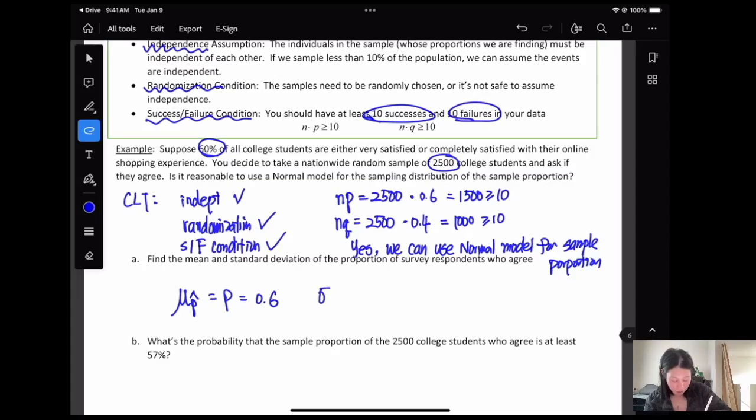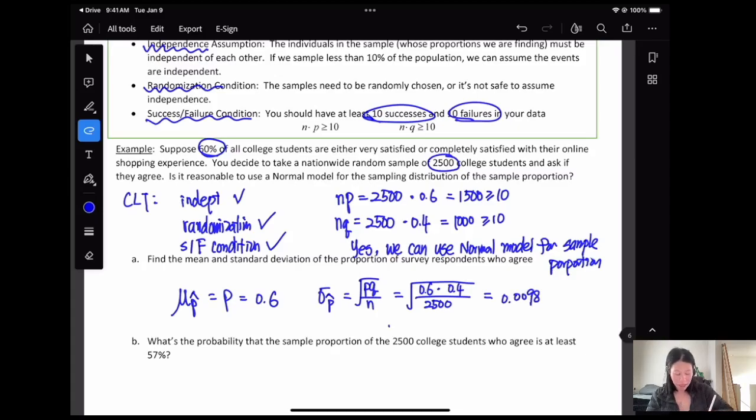And sigma for the sampling distribution of the proportion is the square root of success rate times failure rate divided by the sample size. In this case, it's the square root of 0.6 times 0.4 divided by 2,500, which is equal to 0.0098.